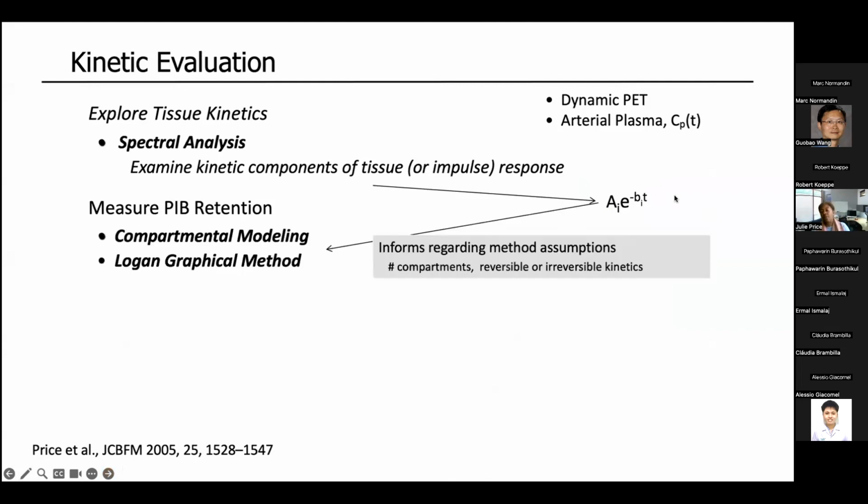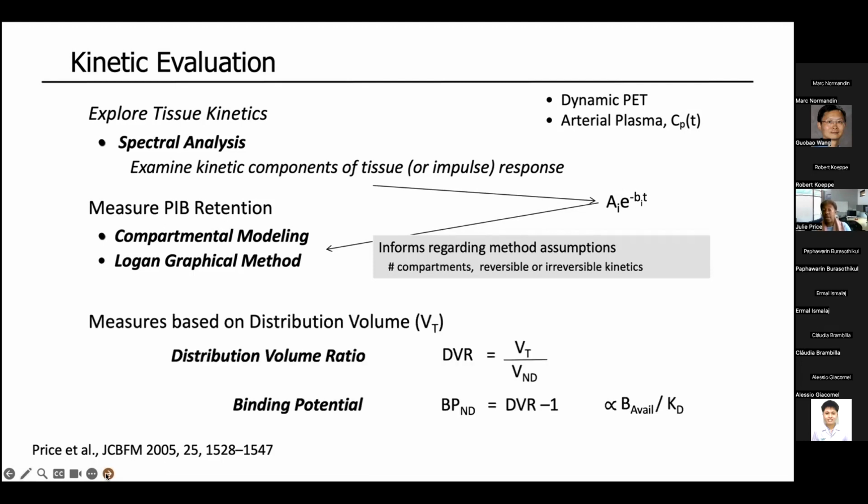And then based on those results, look at compartmental modeling, where we obviously assume a specific compartmental configuration, and then look at a method that linearized the equations to allow for a linear solution, assuming steady state or pseudo equilibrium was established after a certain period of time.